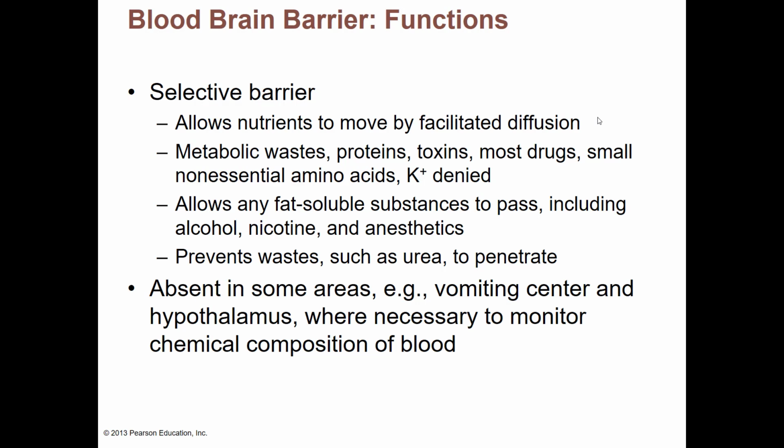It's a nice barrier so that we're not affected by everything we take. Your over-the-counter drugs are there to help decrease inflammation somewhere, but they're not going to cause any type of serious side effect to the brain tissue. Now, the blood-brain barrier is absent in some areas, one of those being the hypothalamus because of the vomiting center that's there, and that's necessary to monitor the chemical composition of the blood.